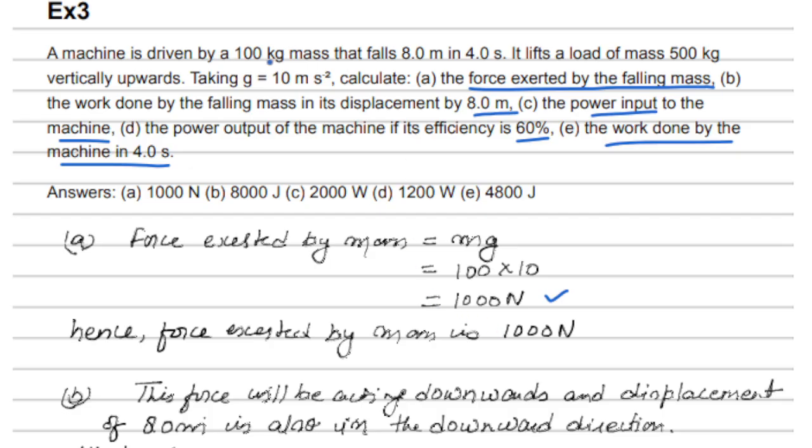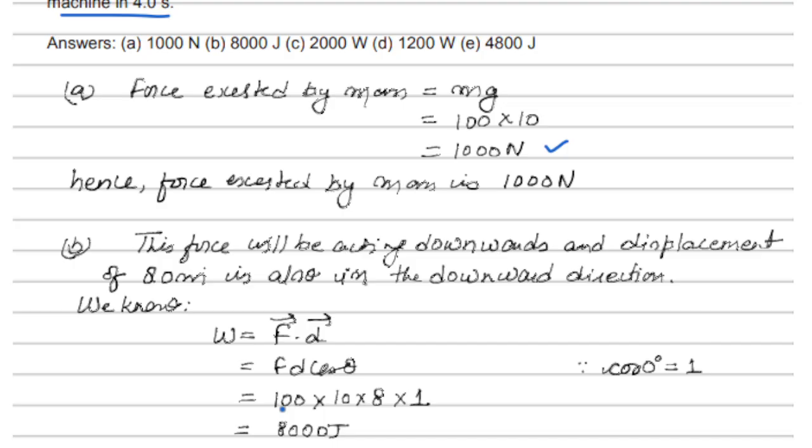Now gravity will work on this mass for 8 meters, so there will be work done. That work over 8 meters can be calculated. Just multiply the force, which is mg, 1000, which we just calculated, by the distance.